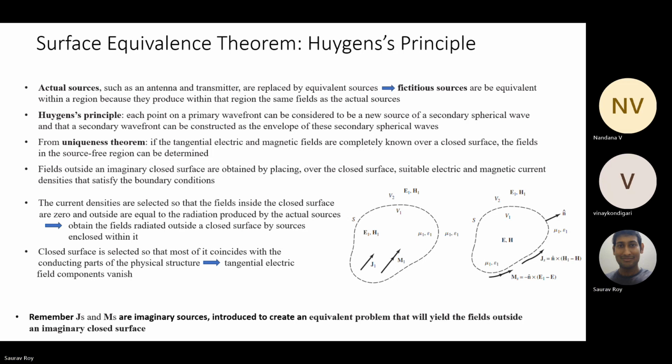These are replaced by equivalent sources. These equivalent sources may not be the real source. It can be imaginary or fictitious sources. But this gives an equivalent solution within a region because they produce within that region the same fields as the actual sources.